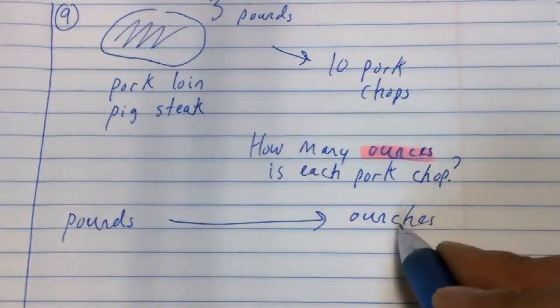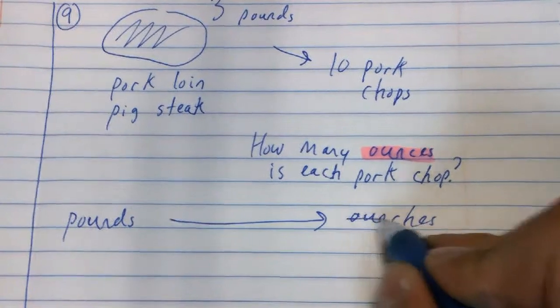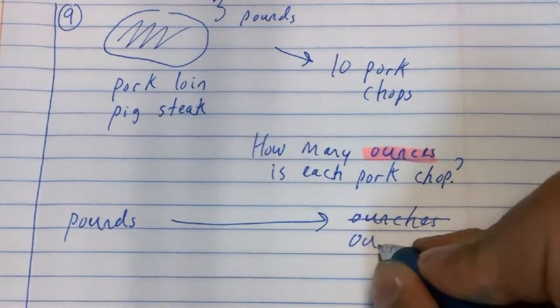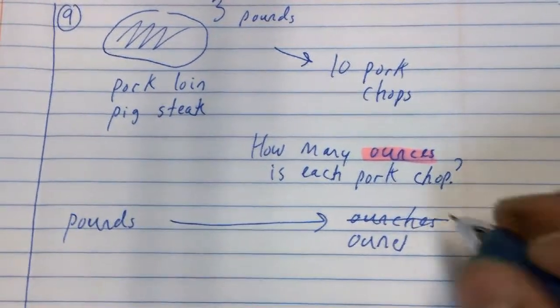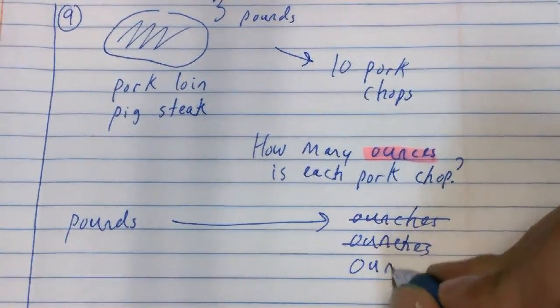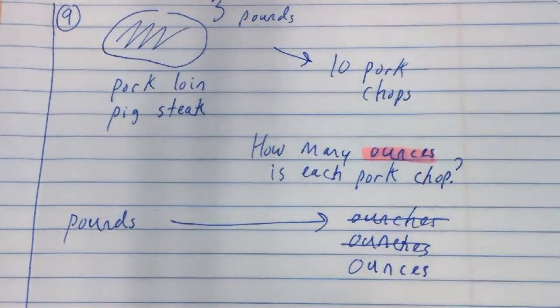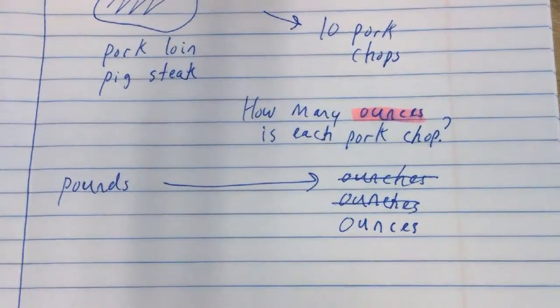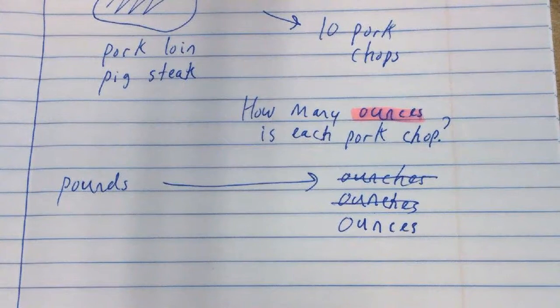Okay. Why did I write ounces? I'm doing it again, aren't I? And I'd like to say I'm doing this on purpose. I'm really not. Ounces, there. Whew. Pounds to ounces, right?